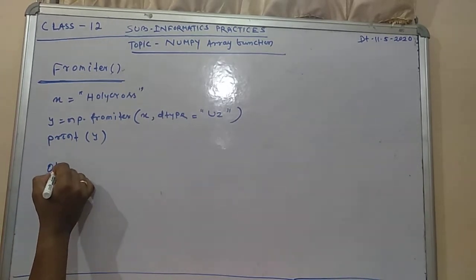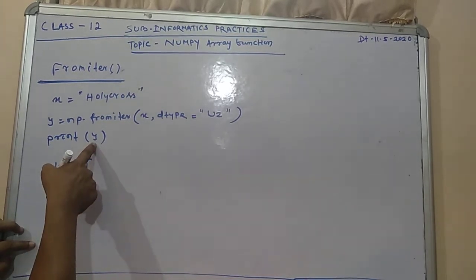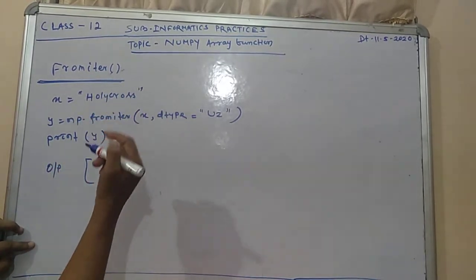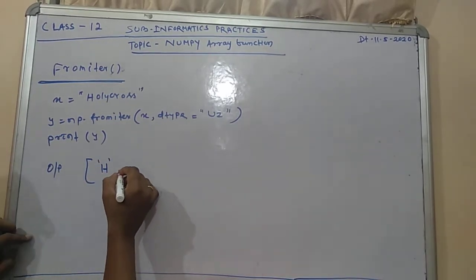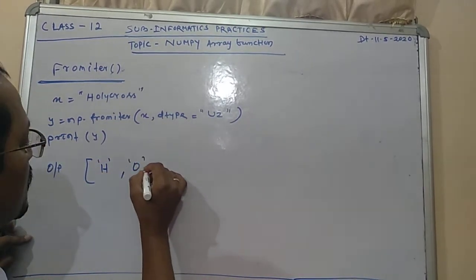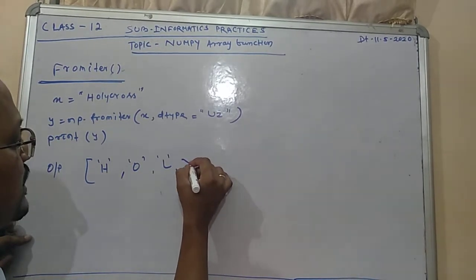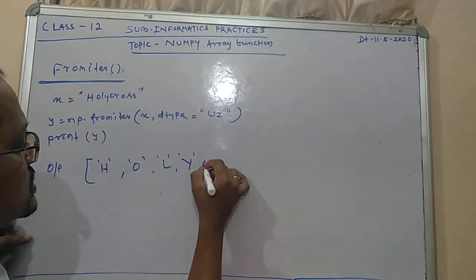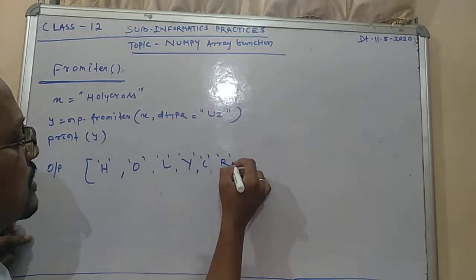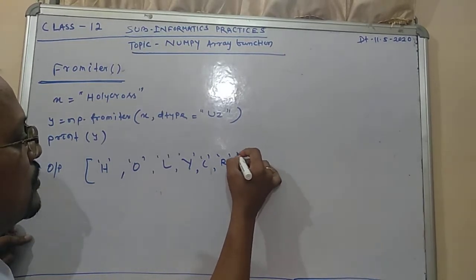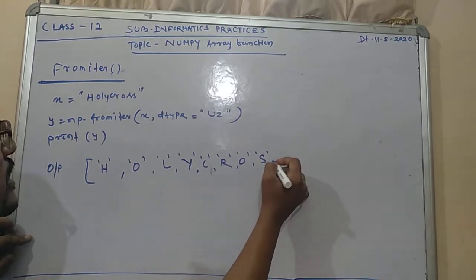Output will come this way. You see, in the list, output will come. When you are printing y, then the string will be accessed, that is H, O, L, Y, C, R, O, S, Holy Cross.